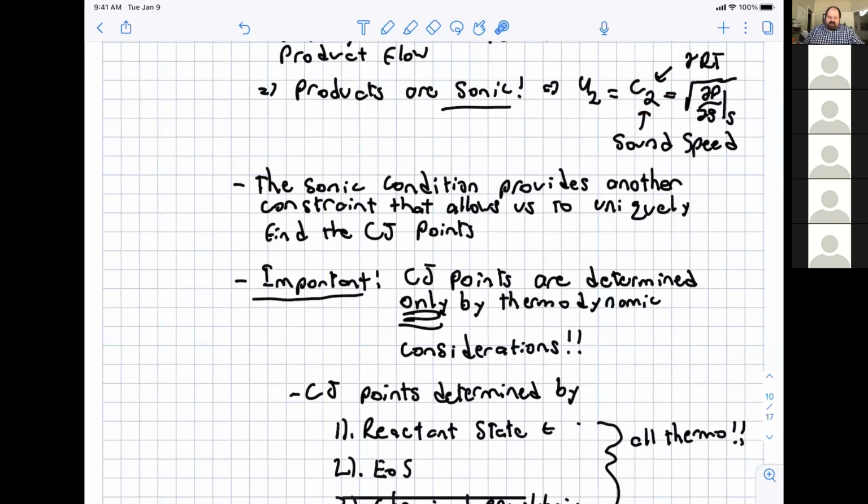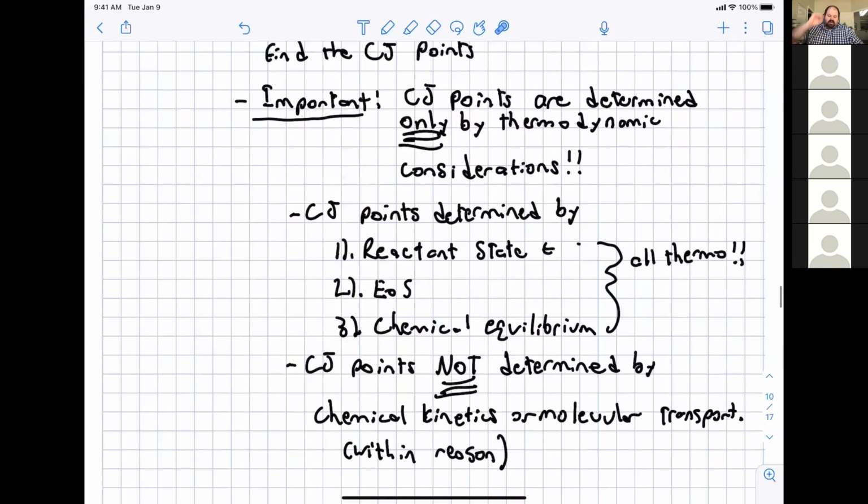How fast the chemical reactions occur is not important at all to determining the Chapman-Jouguet detonation velocity or the Chapman-Jouguet flame speed. That's really important. I see in papers every now and again people making mistakes with that. The CJ points are determined by the state of the reactants, that's P1, V1, T1, etc. They're determined by the equation of state, and they're determined by the properties of the chemical equilibrium of the products.